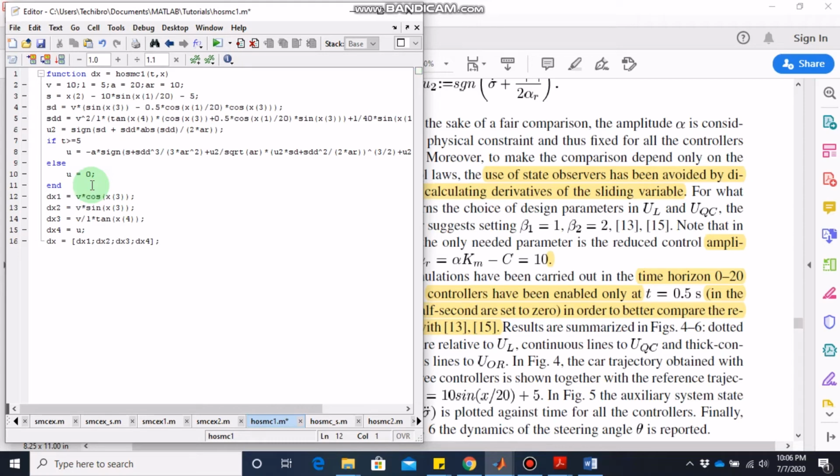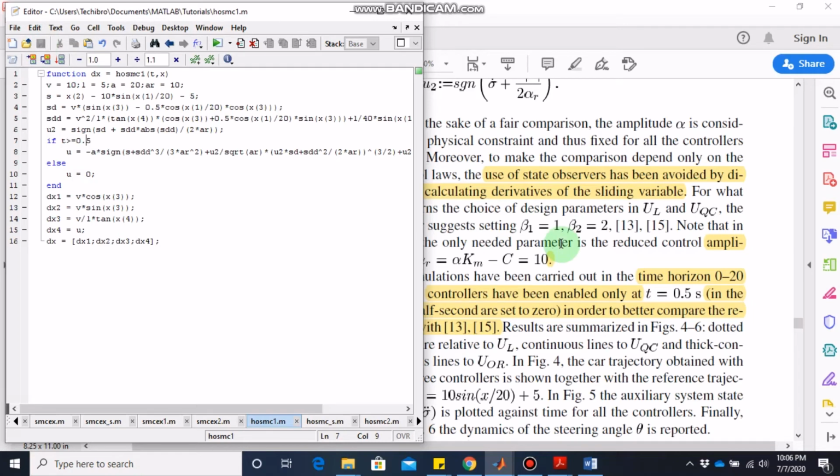Okay, so this if command will ensure that, okay, not 5 but 0.5. So this command will ensure that when time is greater than 0.5 second, the u will come into play. Otherwise, for the first 0.5 seconds the u will be 0. So you can do that here also.